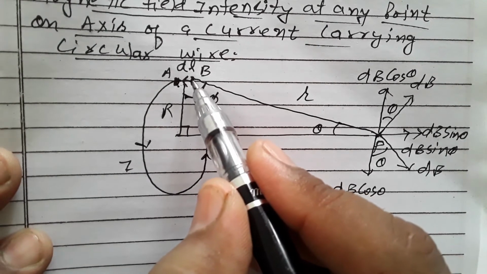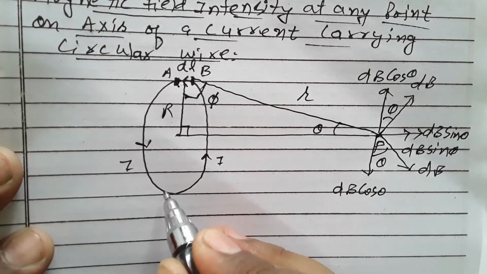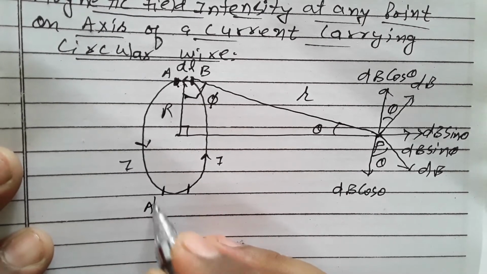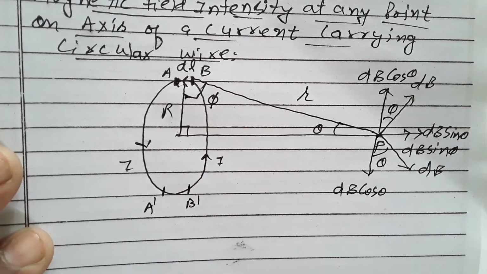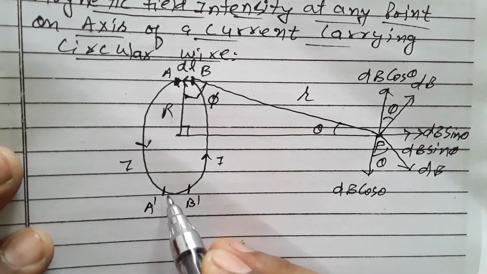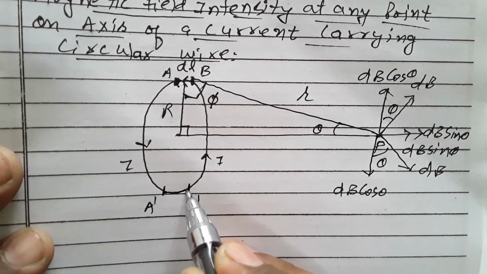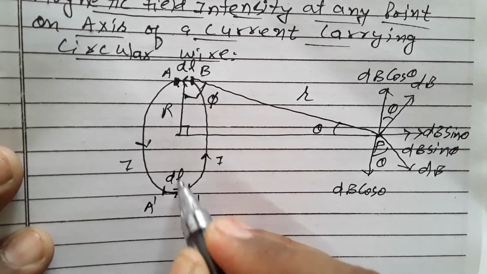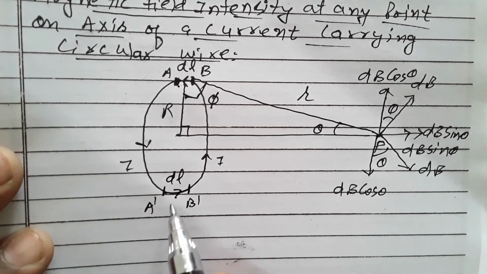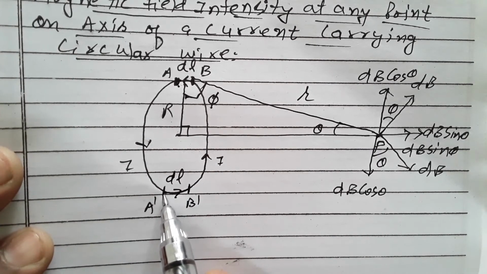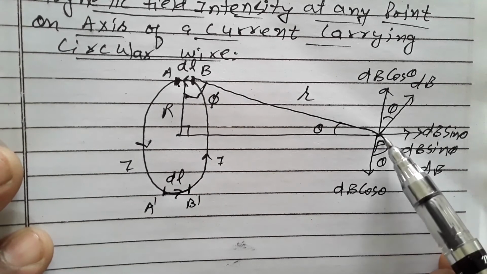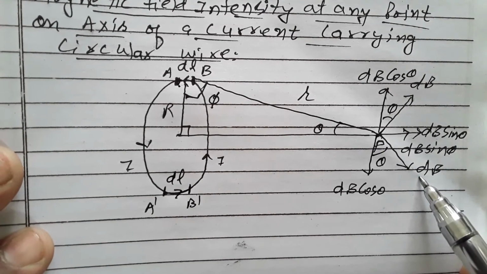As we have taken a small element dl, take one diametrically opposite to it, a dash b dash, with the same length dl. The small current passes through a dash b dash, and a small magnetic field dB is produced.